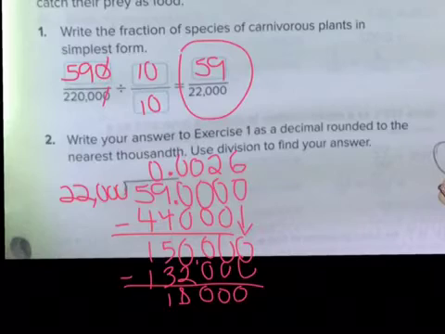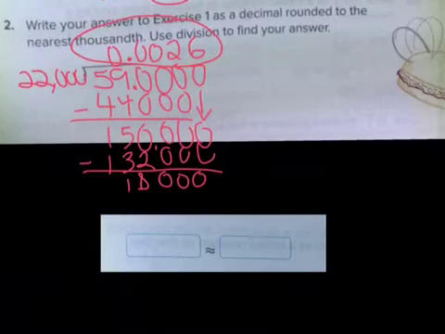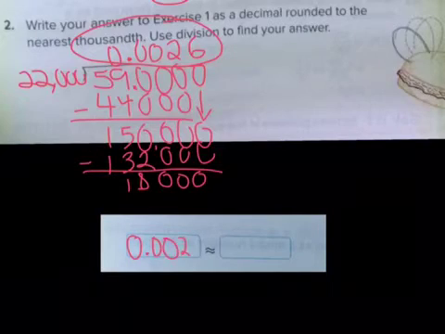Okay? But I'm going to stop right there, because I've gone well past the hundredth. Now I'm in the ten-thousandths. I'll stop there. Now I can write it down that I have 0.0026. Okay, and that's going to be approximately, because I want to round it to a simpler form.